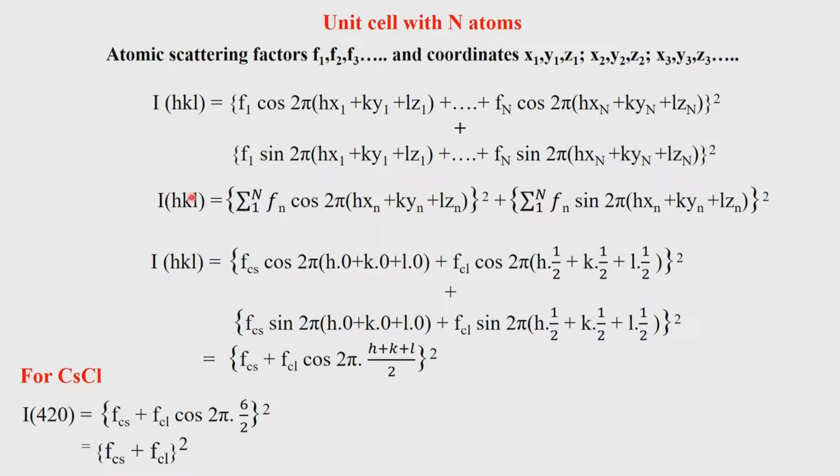We performed an experiment. We sent a beam of X-rays onto the crystal and did the diffraction. We know the geometry of the diffraction because it obeys Bragg's conditions. We know where a particular peak has to come with respect to the 2 theta axis of the powder pattern. We have a relative intensity measured, so eventually we should find a way in which we can put these relative intensities on an absolute scale.